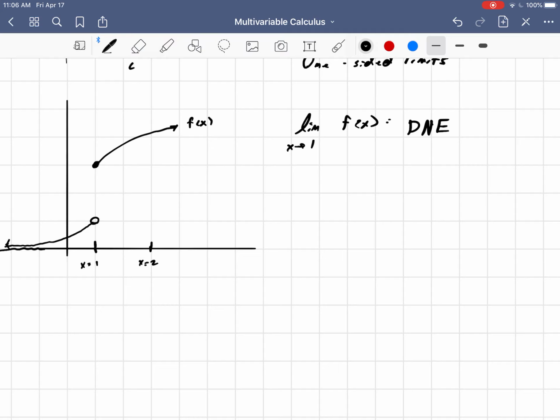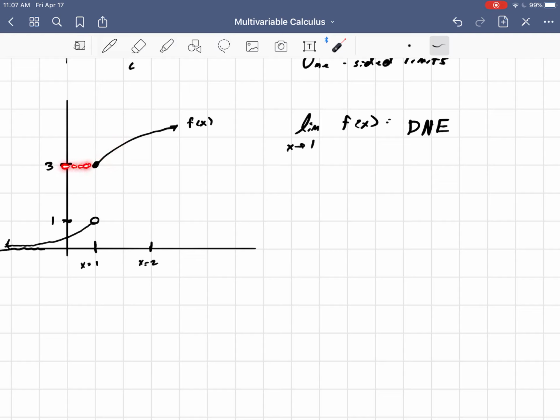And as I've written this limit now, this limit actually does not exist, and we write that as DNE, usually does not exist. Why does it not exist? Because you get two different values when you approach from two different directions. If I approach x equals 1 from the left, over here, then, let's call this value 1, and let's call this value 3 on the y-axis.